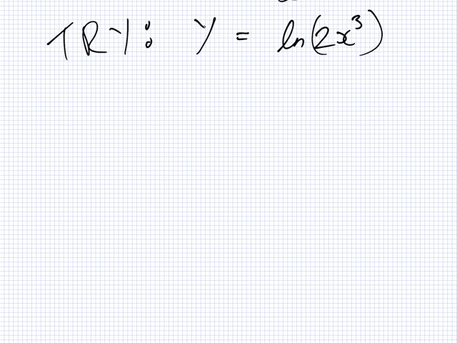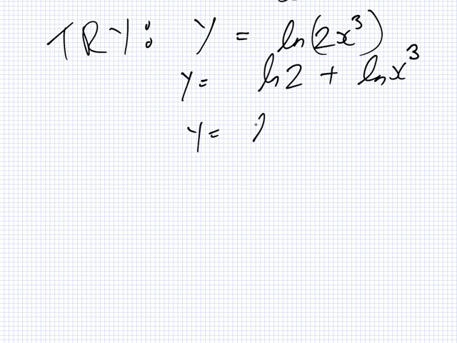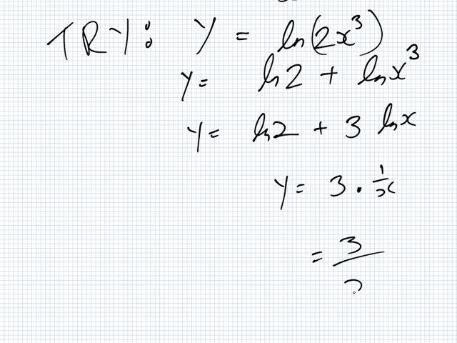The very first thing we should do is split this into log 2 plus log x cubed, and then we can split this into log 2 plus 3 log x, and this becomes 3 times 1 over x. So 3 over x is the answer here.